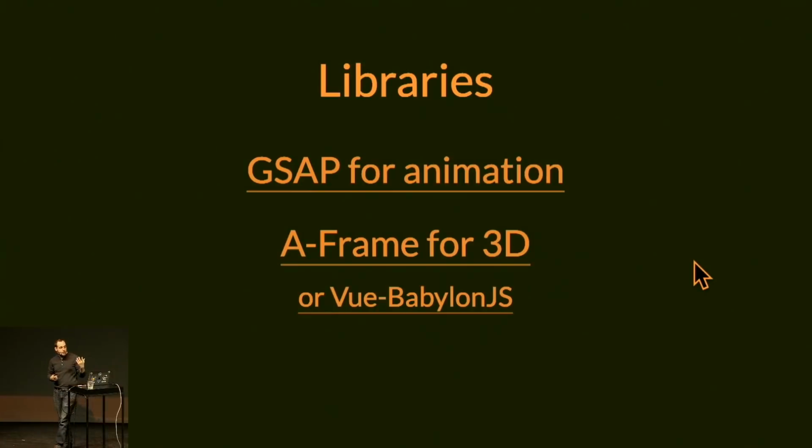Or there's also a project called vuejs.amsterdam that, instead of A-Frame, builds off of Babylon.js, which also uses WebGL to create really cool things. And I think it's more often used for games and stuff like that.